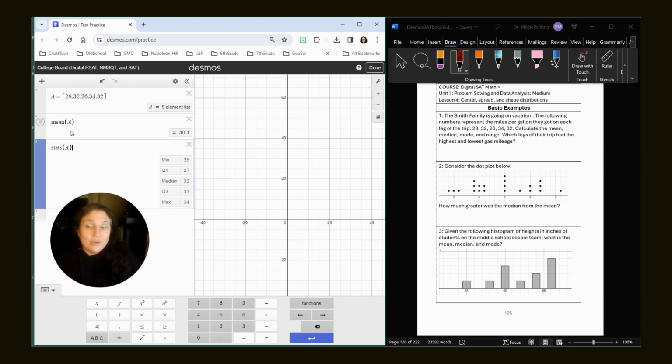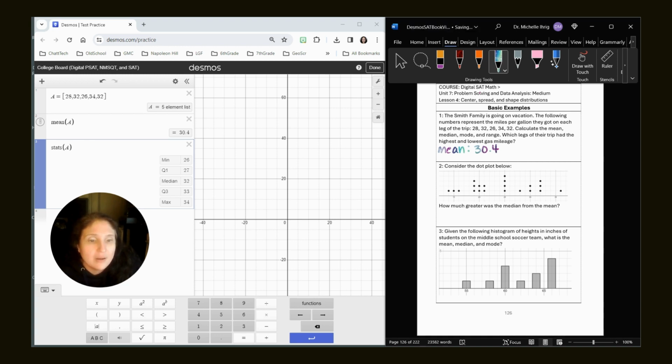The only thing it doesn't tell you is the mode, but remember the mode is the number that appears most often. I can't imagine the SAT asking you to find the mode, but anyway, our mean is 30.4. So no more adding the numbers and dividing by how many numbers there are. You just type the word mean.